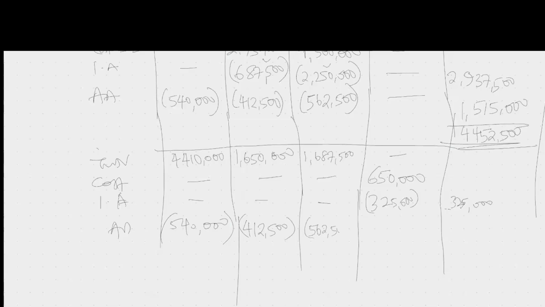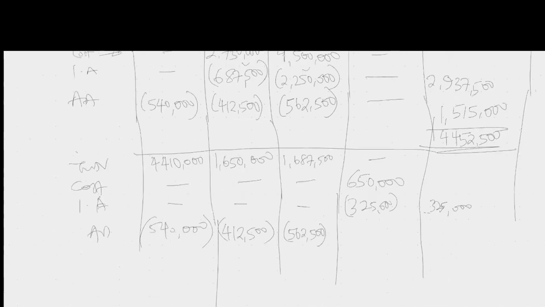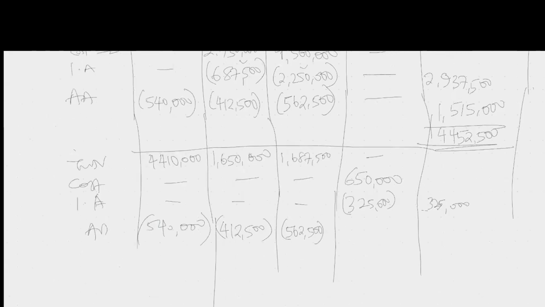So how should we calculate A for that new asset? What do we have? A for the new asset is 650 minus this one, divided by 4. What do you have? 81,250. Thank you, Mr. Hussein. Add this to whatever you have there.